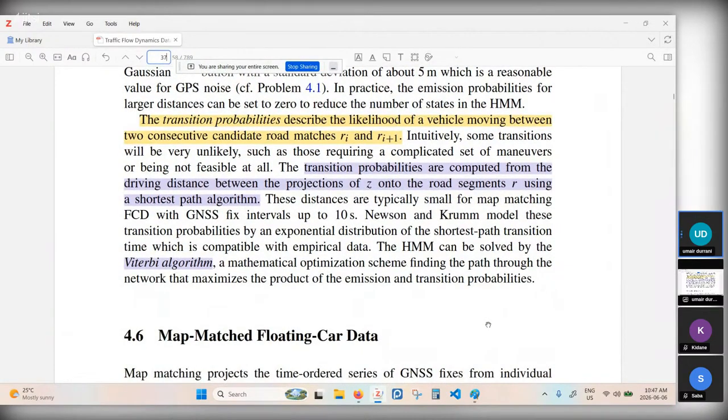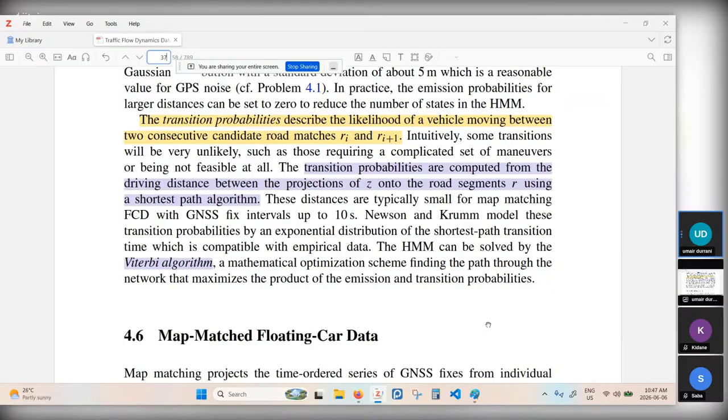Transition probabilities are computed from the driving distance between the projections of the geographic coordinates z onto the road segments R using a shortest path algorithm. For the emission probability, we were looking at air distances. For the transition probabilities, we are looking at the shortest path algorithm between the two segments, between the projections of geographic coordinates onto the road segments.